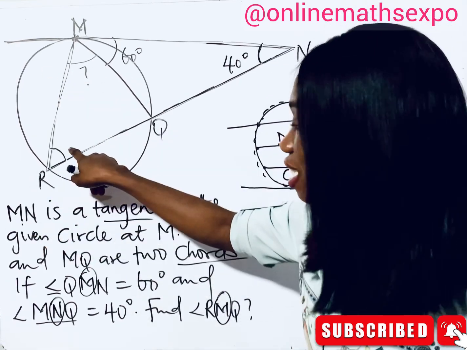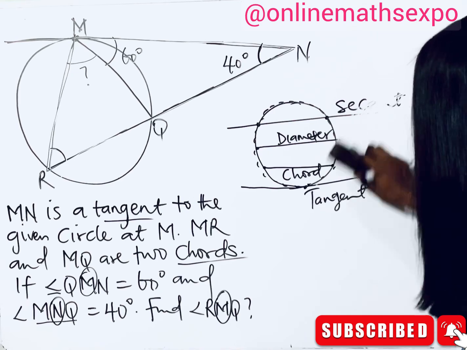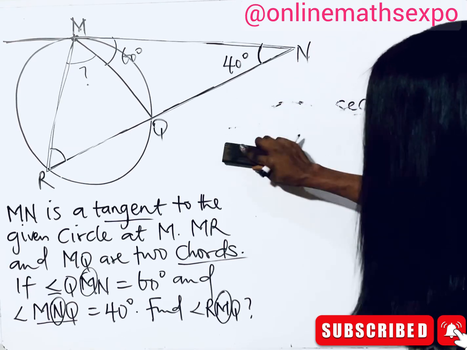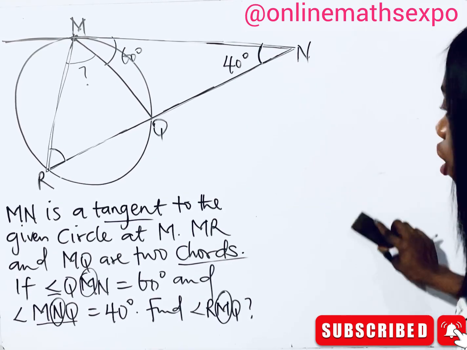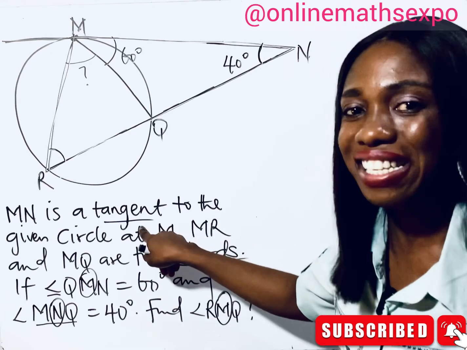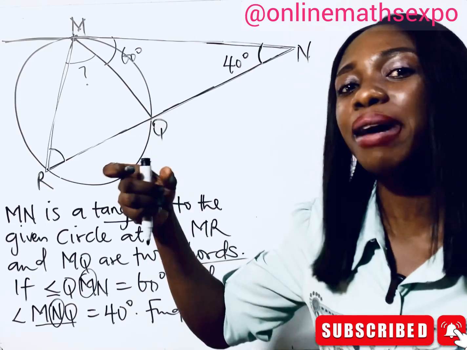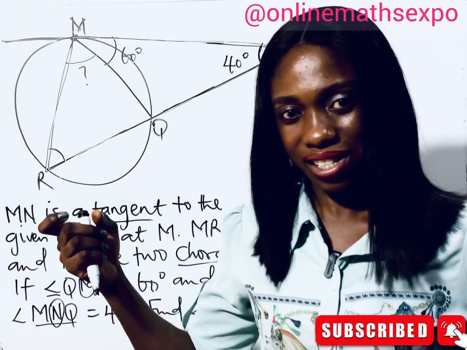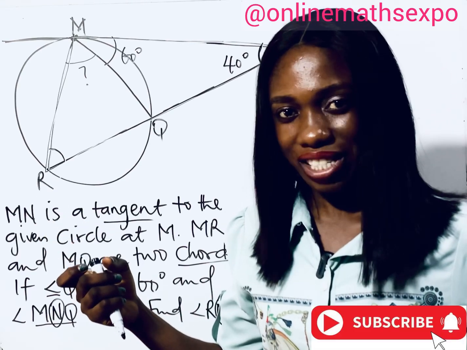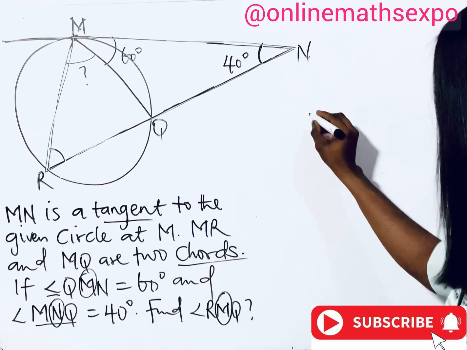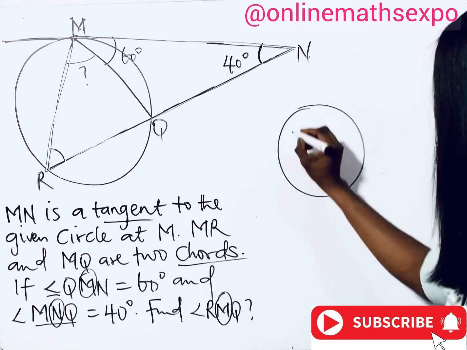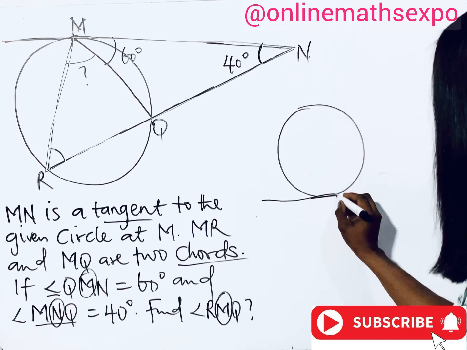Now, how do we get this angle? When you go back to this question, there's one thing the question mentioned. When the question has mentioned tangent, you have to remember a theorem that connects to tangent. I hope you are getting what we are saying. And what is that theorem? Remember, this is our circle, and we said that this is a tangent, okay?